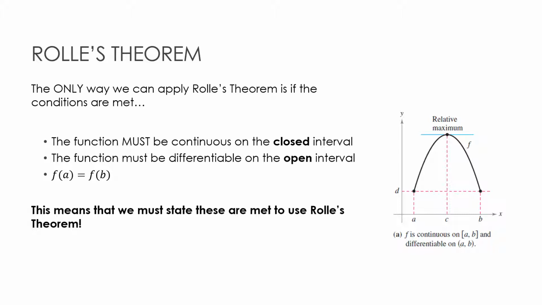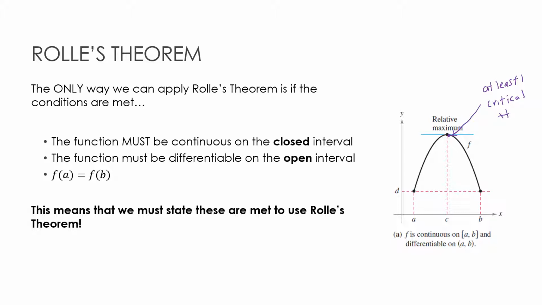Now, before I talk to you about the 3 conditions of Rolle's theorem, let's just remind ourselves that the whole point of Rolle's theorem is to say that if we have the conditions met, we know for sure there'll be at least one critical number.